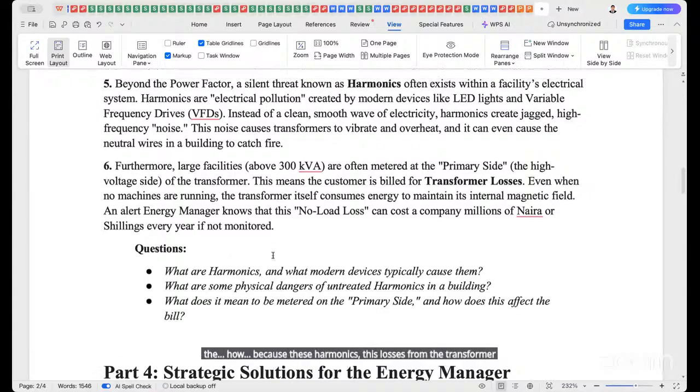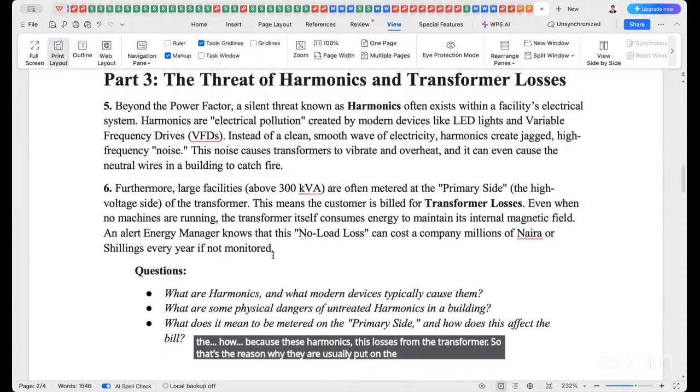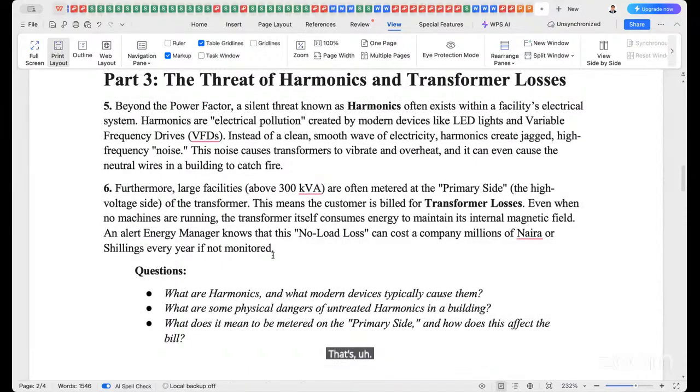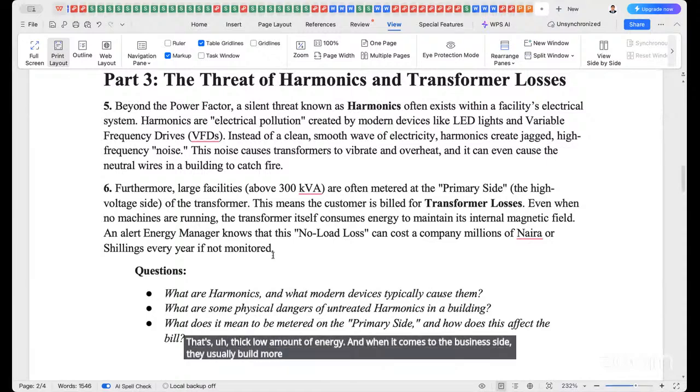So that's the reason why they are usually put on the primary side compared to other consumers that are taking up a low amount of energy. And when it comes to the billing side, they usually pay more because of the amount of energy they are consuming, and also because they pay for the transformer losses as well. Thank you.